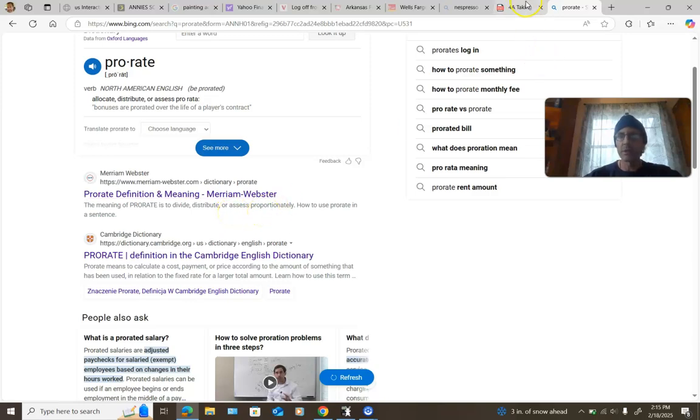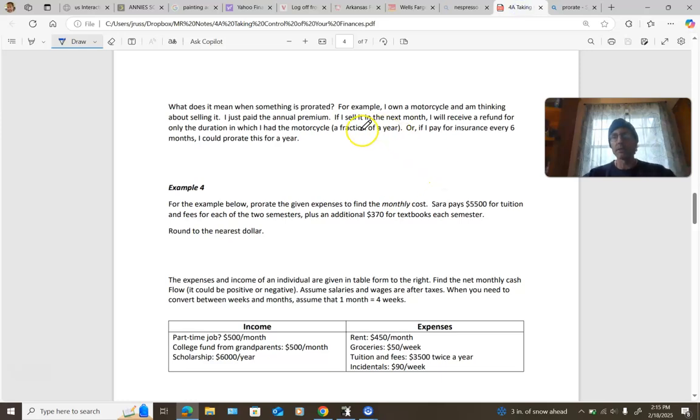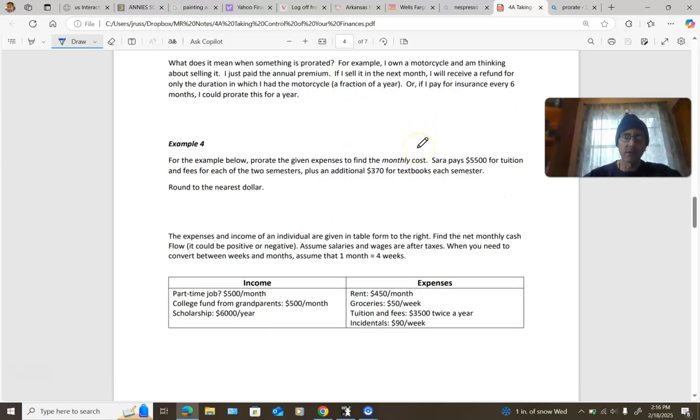So basically, given different expenses or sources of income, we're going to be prorating them, typically to a monthly, or it could also be to an annual basis. All right, so let's look at this example 4.